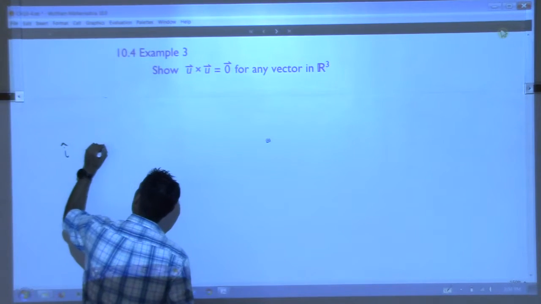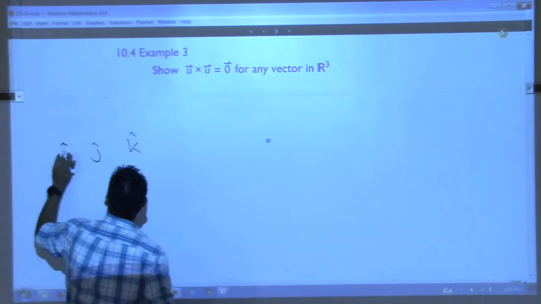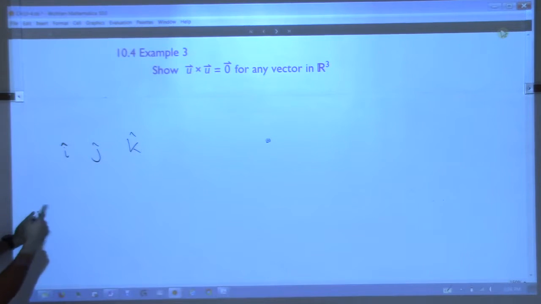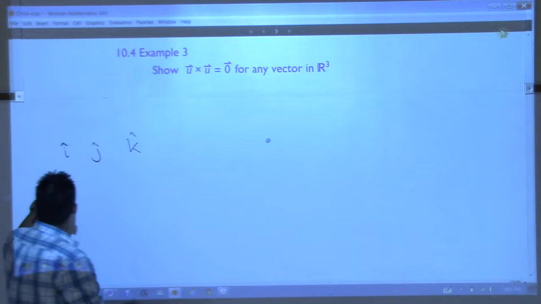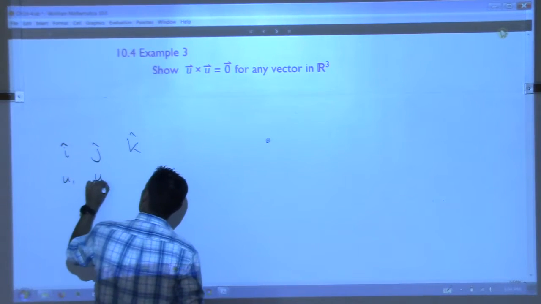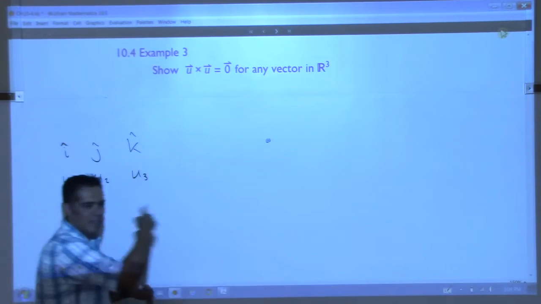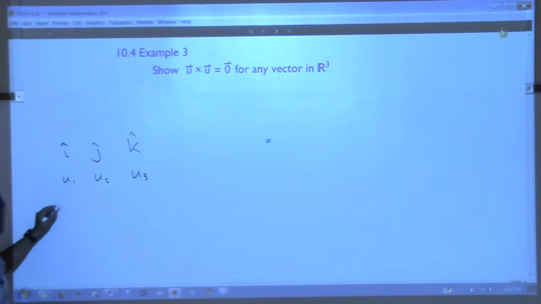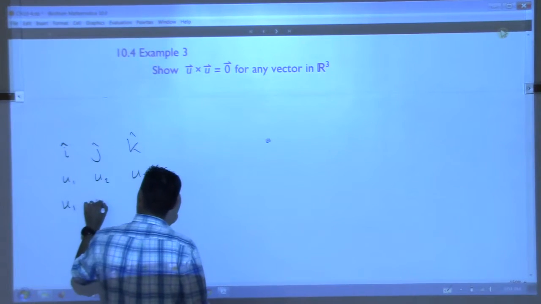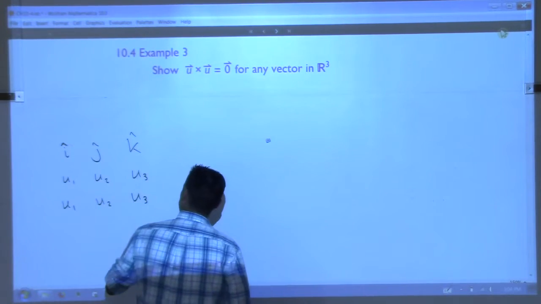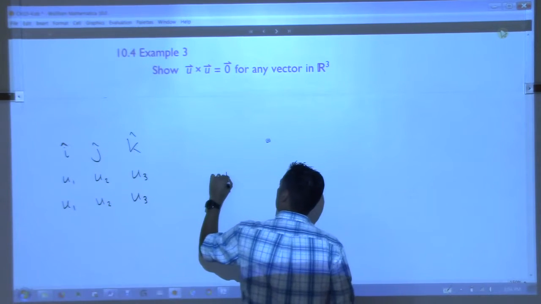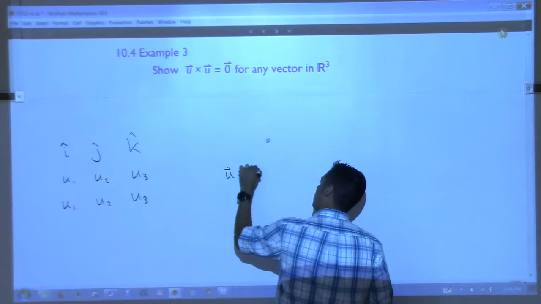i, j, k. All right, let me take a vector u and cross it with itself. So the vector u, I'm going to call it u1, u2, u3. Understand what I'm doing? Just taking the components, making them up. And then I'm going to do it with itself: u1, u2, u3. And let's do our cross, u cross u.